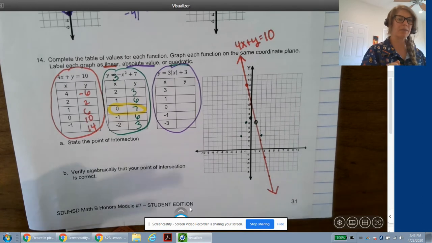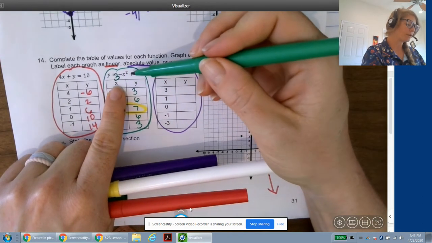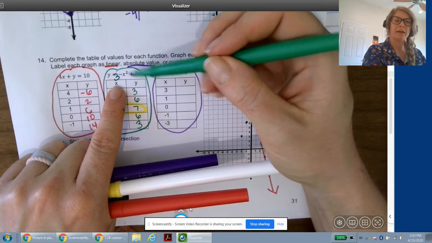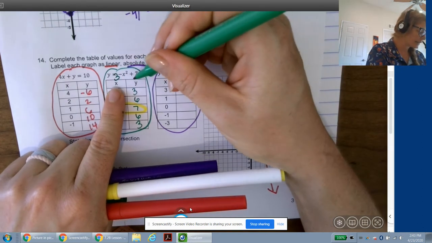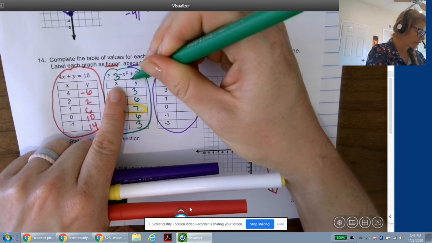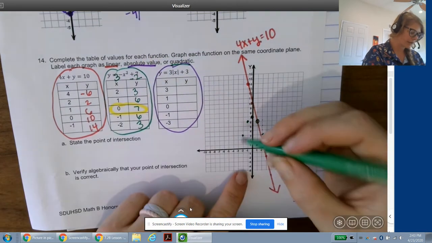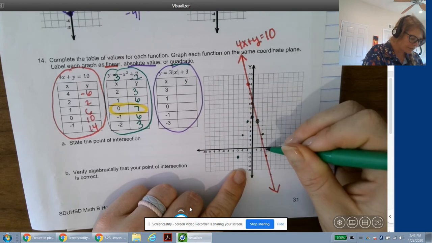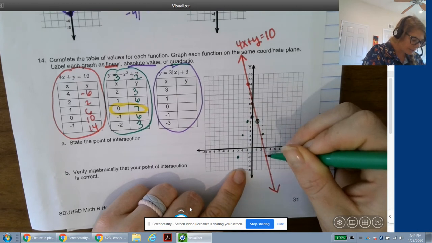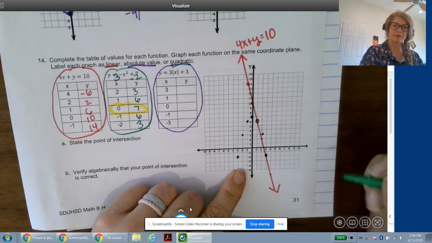So think about that. 3 squared is 9, negative 9. Negative 9 plus 7 is going to get you to negative 2. Okay, so 3, negative 2, and that looks good. Interesting, intersecting that line twice.